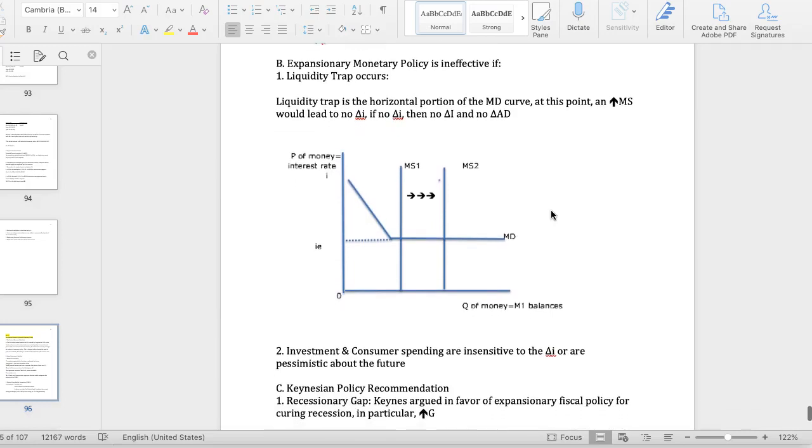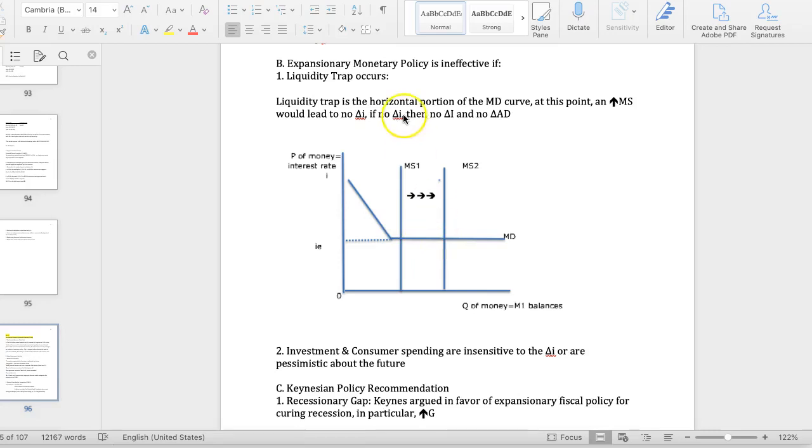Expansionary monetary policy will be ineffective if there is a liquidity trap. So a liquidity trap is this horizontal portion of the money demand curve. At this point, even if you increase the money supply, so you see the money supply here, and then the money supply is increased, it doesn't lead to any change in interest rate.